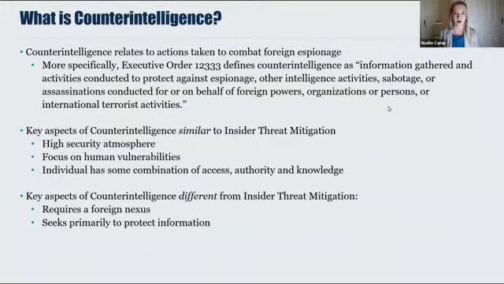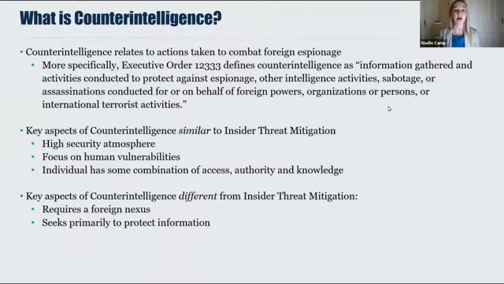Both disciplines occur within a high security atmosphere. For counterintelligence, that's often the intelligence community, or military or diplomatic facilities. For insider threats, that's nuclear facilities that have involved a wide variety of physical protection measures.